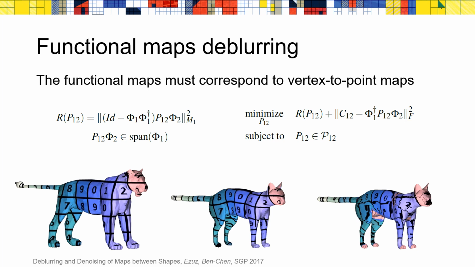In the blurring and the noising paper, they additionally propose an additional regularization that is given by the constraint that the image, through the permutation matrix, of the eigenfunctions of the second shape, phi2, should be spanned by the set of eigenfunctions of the first shape.